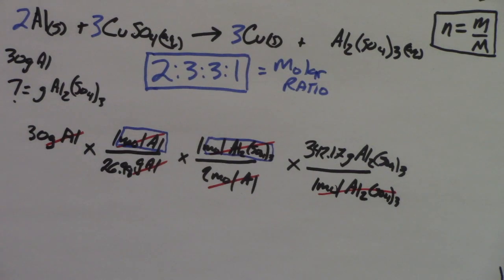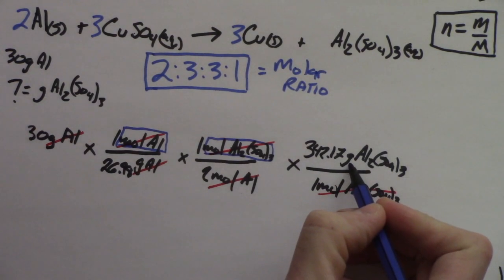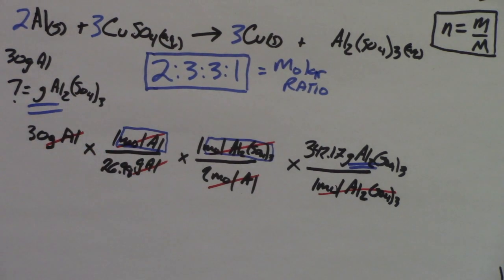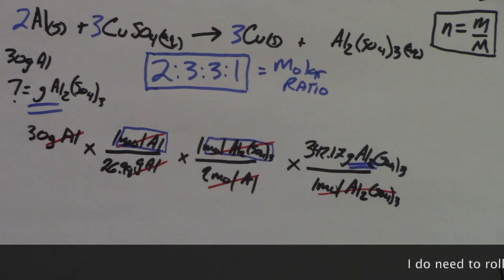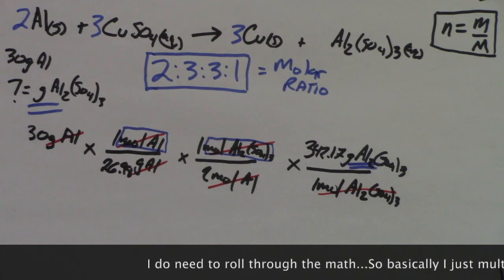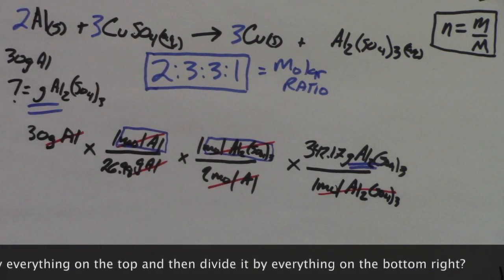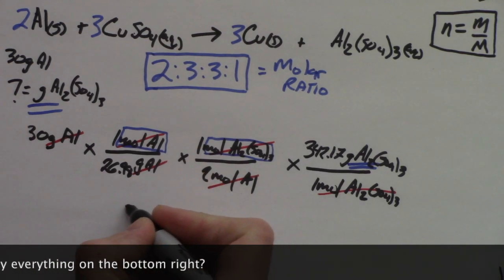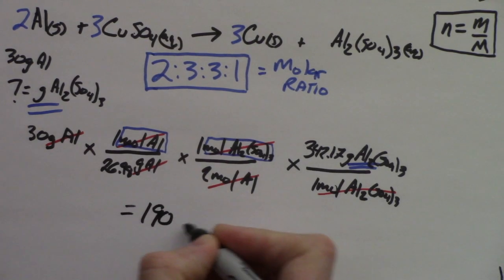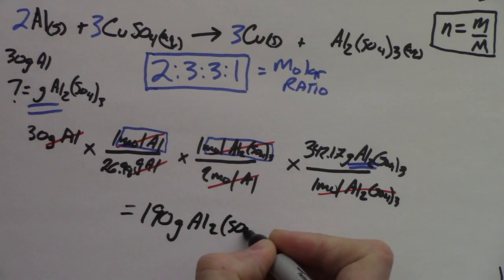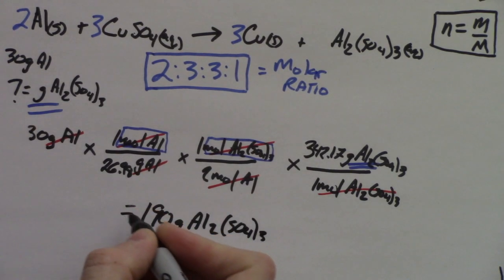And we are left with grams, which is exactly what we are looking for. So if you need to roll through all of this math, you can by making this all into a giant formula if you wish. But at the end of the day, our answer is 190 grams of aluminum sulfate is produced.